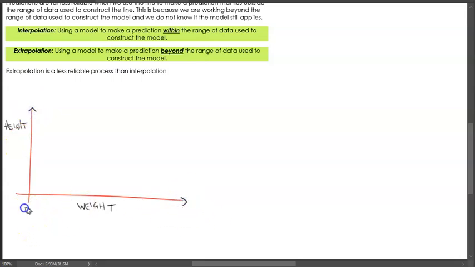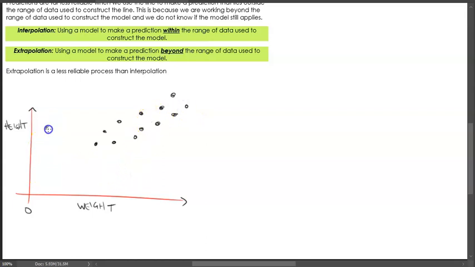Obviously the weight and the height will start at 0 and keep going on. So when certain people weigh a certain amount, the height is going to be at a certain amount as well, roughly speaking. And we can assume that the heavier you are, the taller you'll be, roughly speaking.